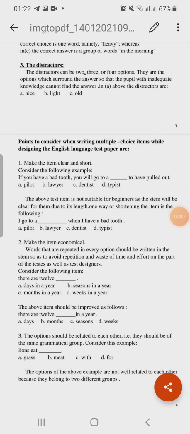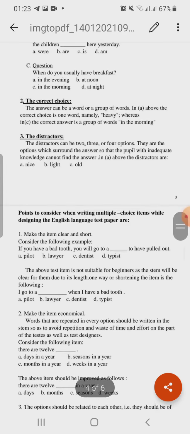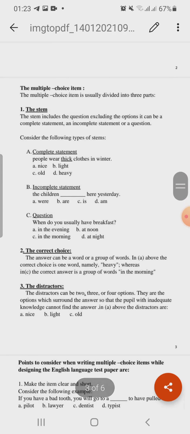The distractors، يعني هون راح يكون أكثر من كلمة مع الإجابة الصحيحة راح تموه الجواب الصحيح للطالب اللي ما كان ذاكر أو ما كان درس بشكل صحيح وبدقة. هذي الكلمات اللي هتموه أو هتشتت انتباه الطالب: nice, light and old في المثال A.